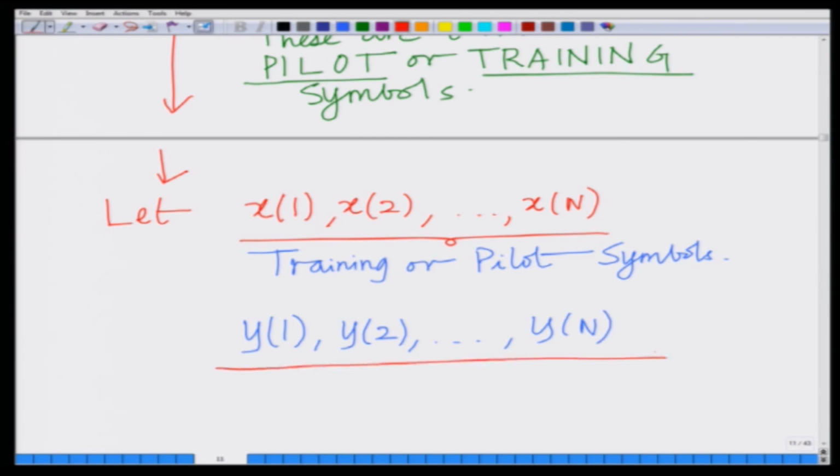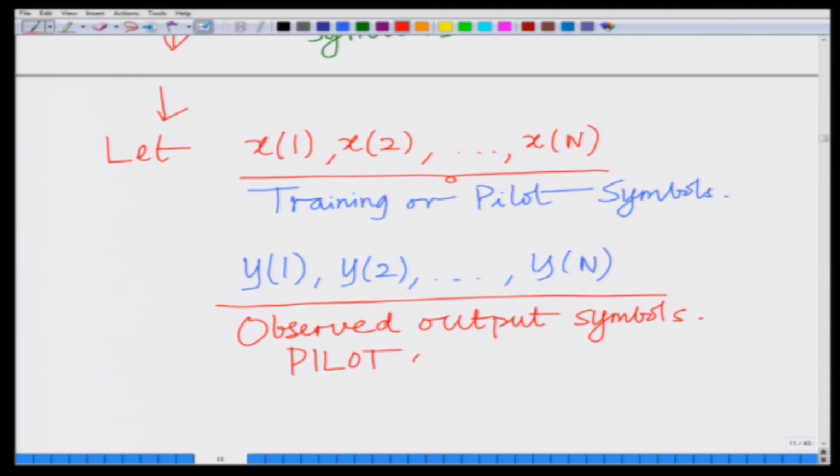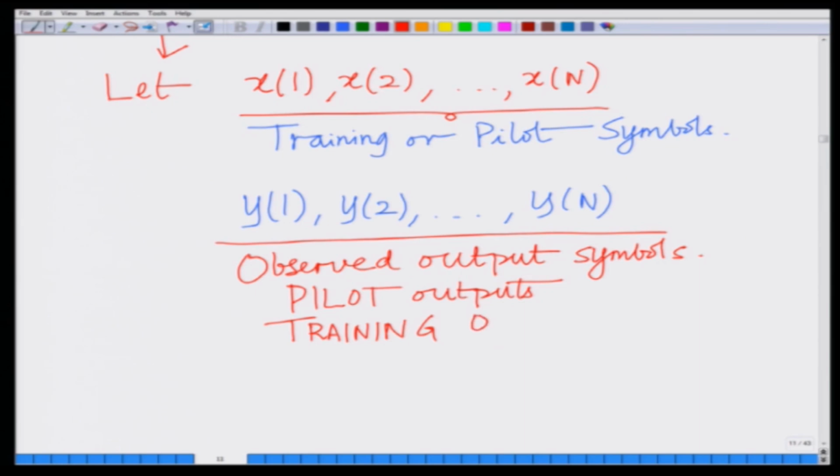These are the observed outputs, also known as the pilot outputs or training outputs, and they correspond to the transmitted pilot or training symbols.